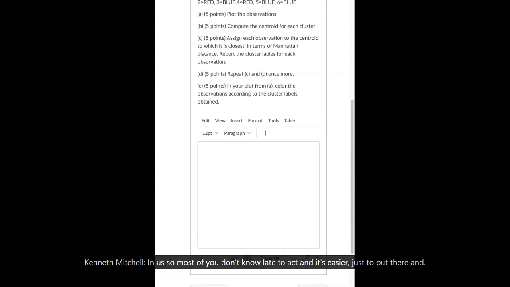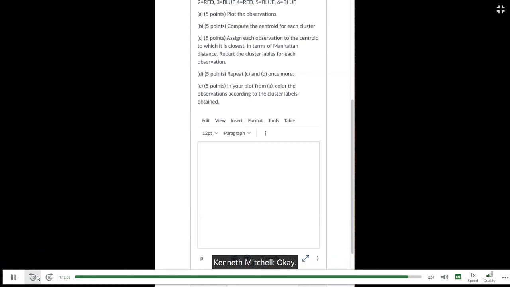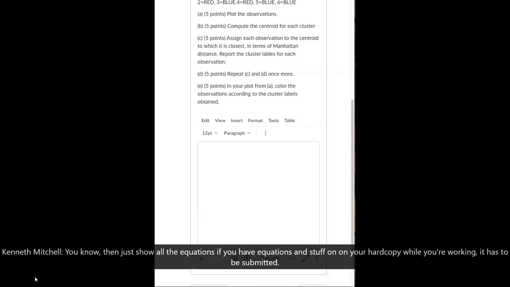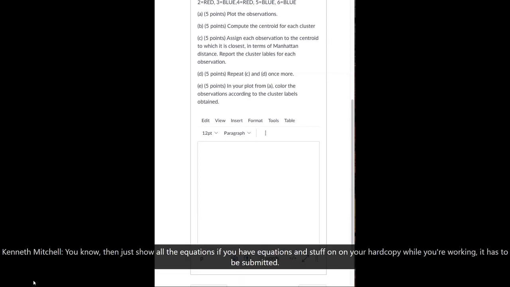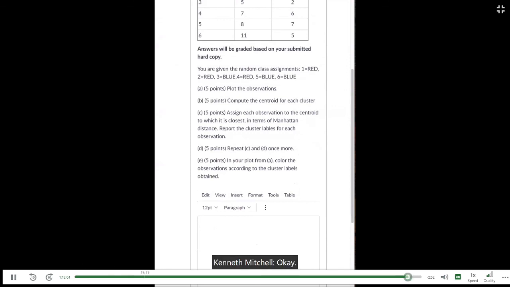But if most of you don't know LaTeX, then it's easier to just show all the equations on your hard copy, all your work that has to be submitted.